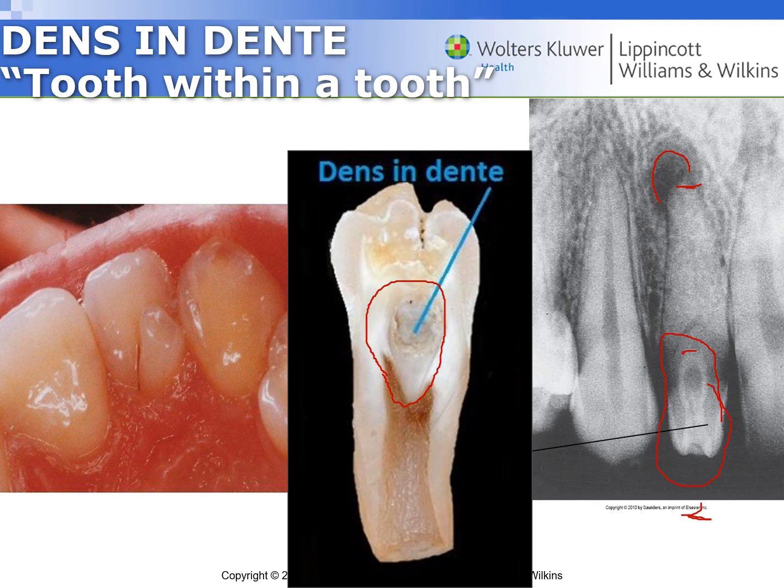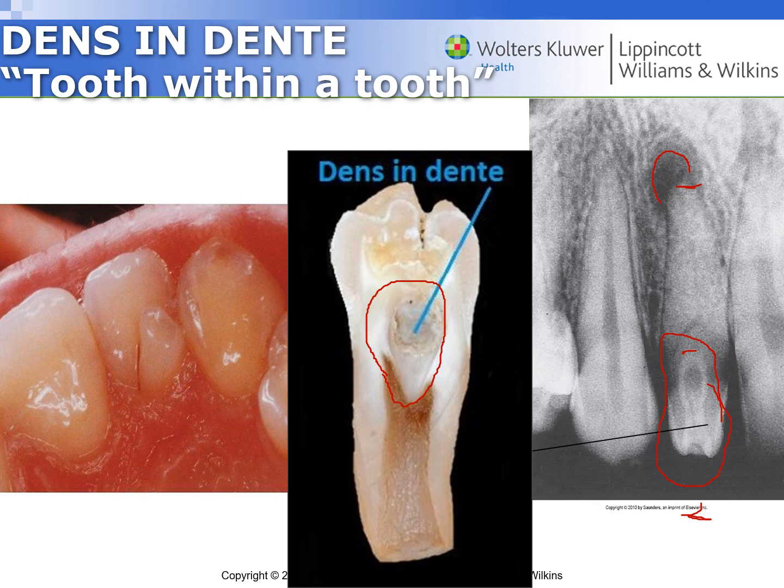But sometimes this tooth within a tooth has to do with the splitting, the gemination and the splitting of tooth cells. And this particular one has the tooth growing on the back of another tooth. And so this is all attached. It's not two separate teeth.